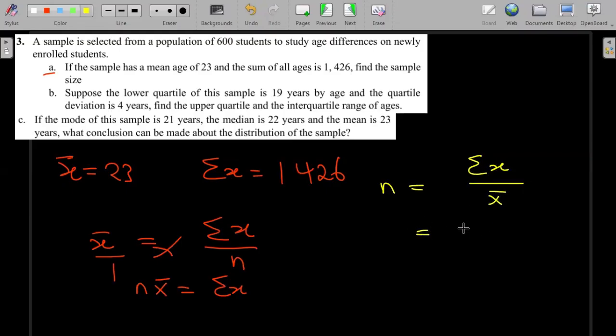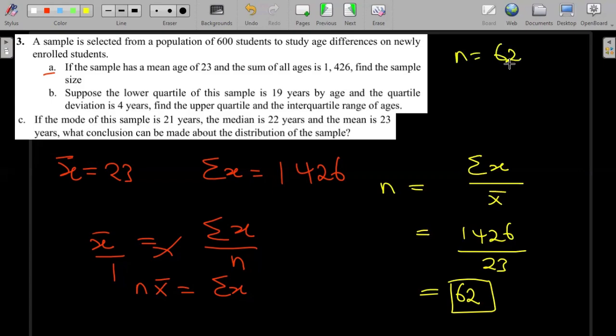So the summation is 1,426 divided by 23. When we divide this, I get 62. So the sample size is 62. Maybe we'll use it somewhere as we answer B and C.